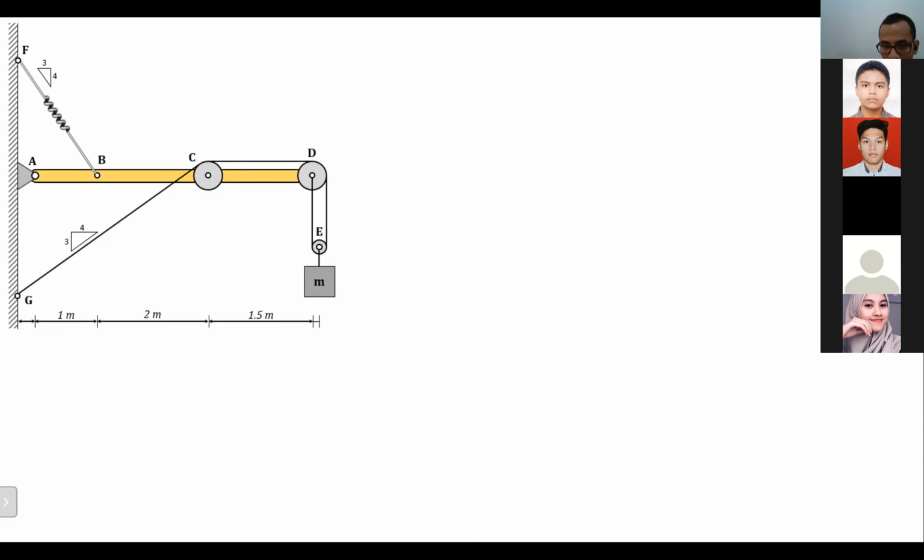So basically, if you know the value of the force FBF, the stiffness K, K multiplied by delta X is the force.